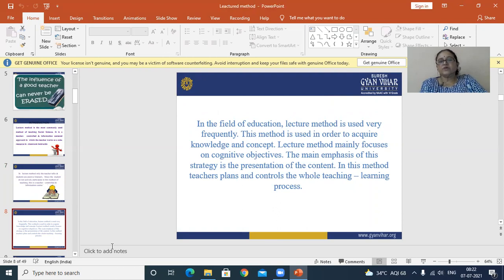In the field of education, lecture method is used very frequently. This method is used in order to acquire knowledge and concepts.